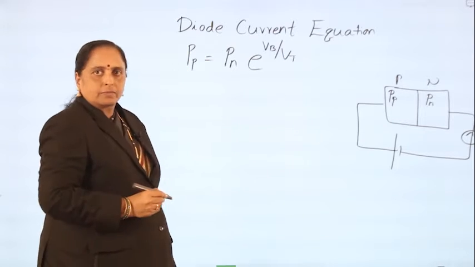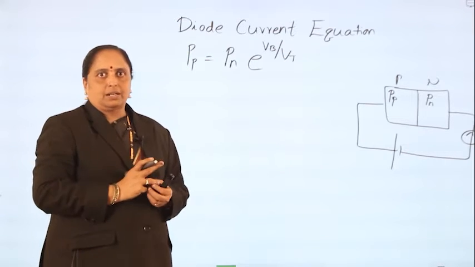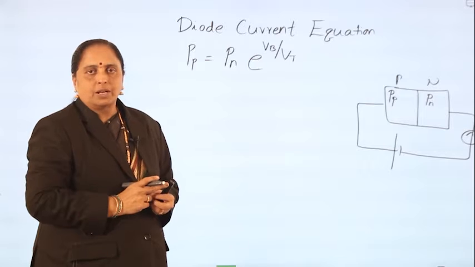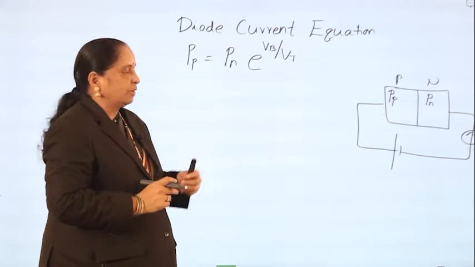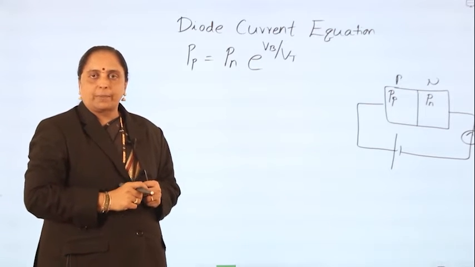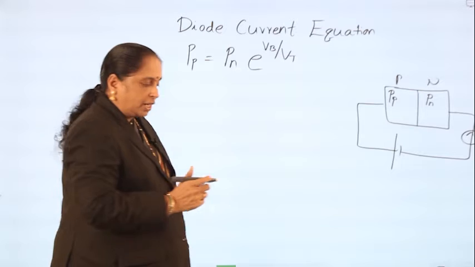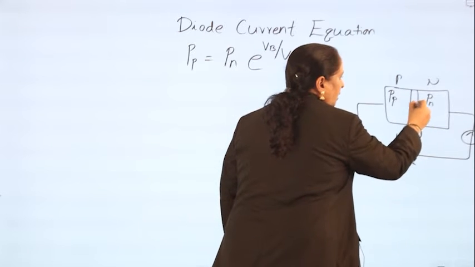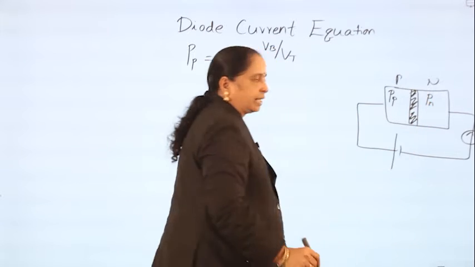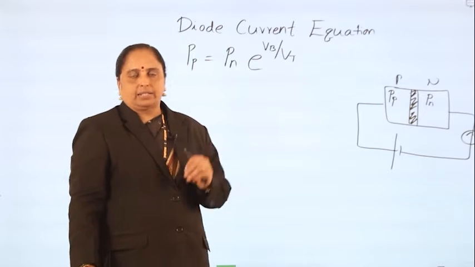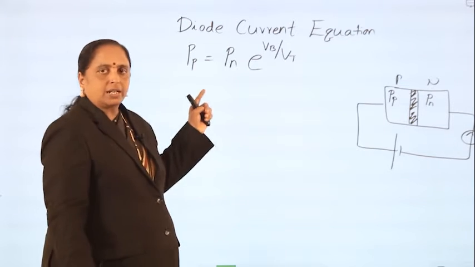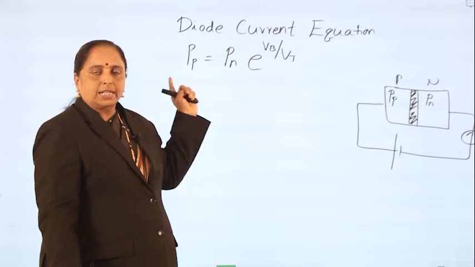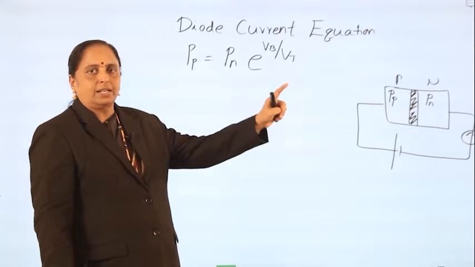Vt. In the last class on the energy band diagram, we studied Vt, which is known as the volt equivalent of temperature. Vb is the barrier voltage, the barrier which separates the P material from the N material. This equation relates the hole density in P region and the hole density in N region.